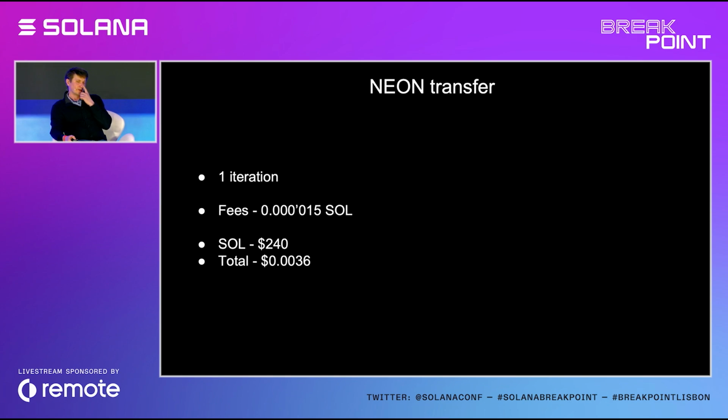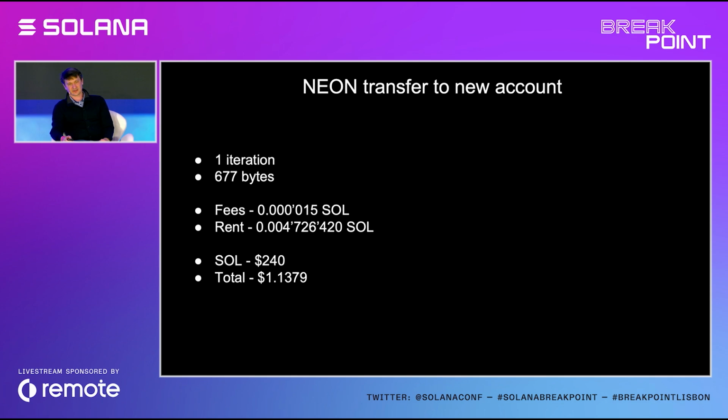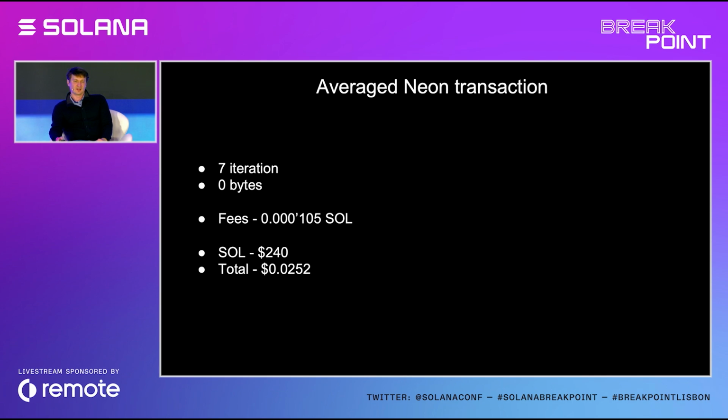The next, if a user transfers simple tokens, the cost will be less than 1 cent. If this transfer will create an account, the price will be $1.30. The next.